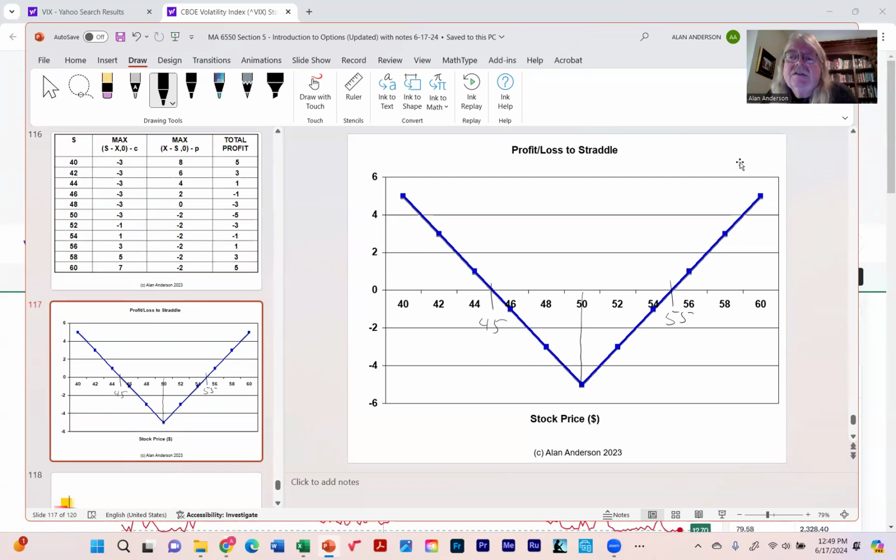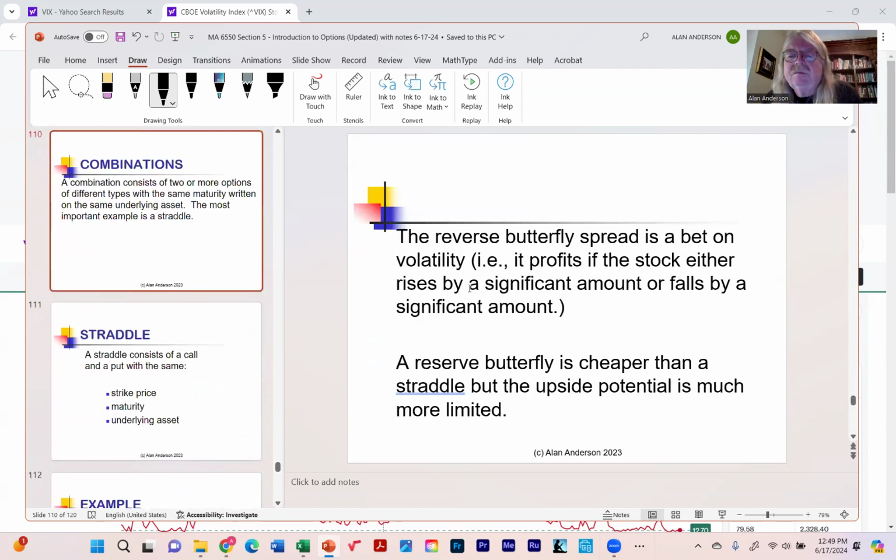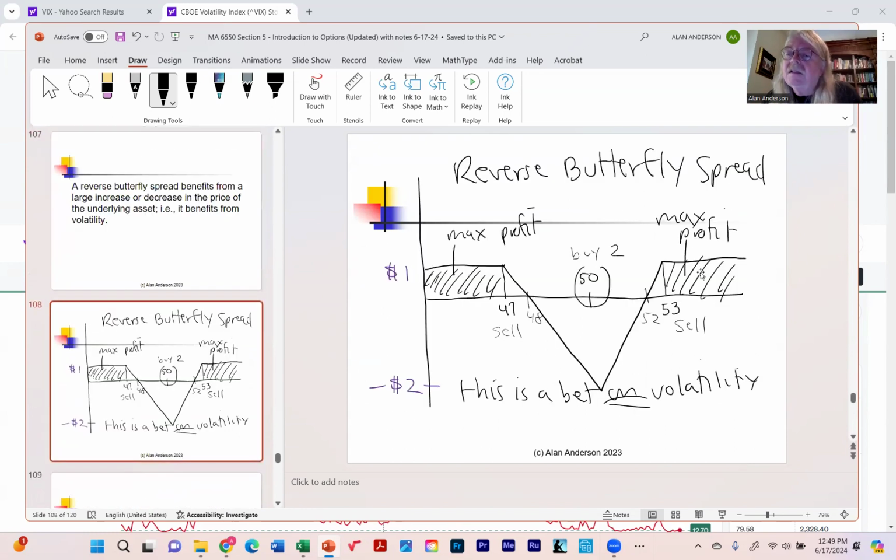So the expense of the position means that it's tricky to push it outside that range. But unlike the butterfly spread, remember there was a maximum profit on either side. Here we don't have a maximum. So it's harder to make money than with the butterfly spread. Sorry, the reverse butterfly spread. Let's go back and revisit it. Yeah, so you can see the difference.